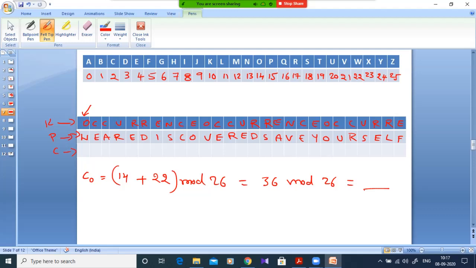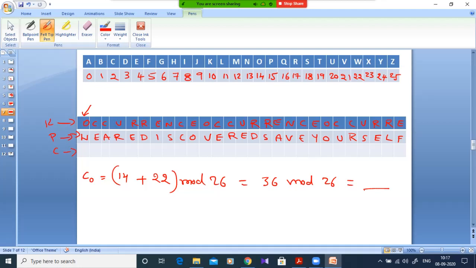E. Correct? Yes, sir. Next EO. E means 4, O means 14, so 18. 18 means S. Next OB. O means 14, plus 21 is 35. So that means 9.